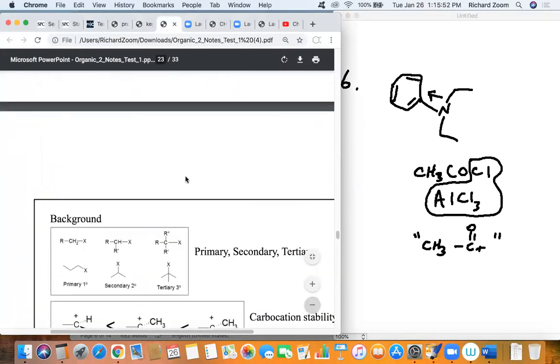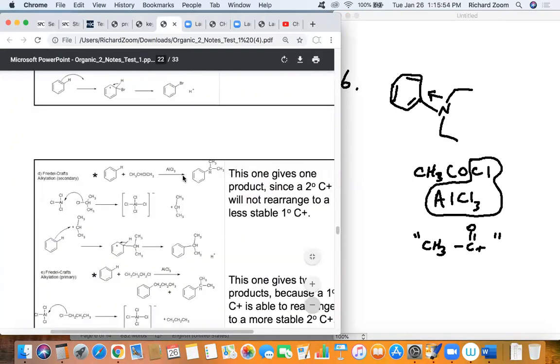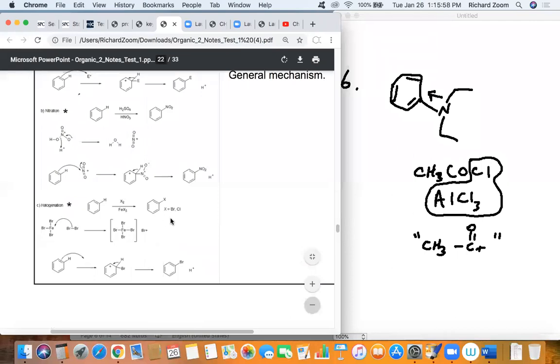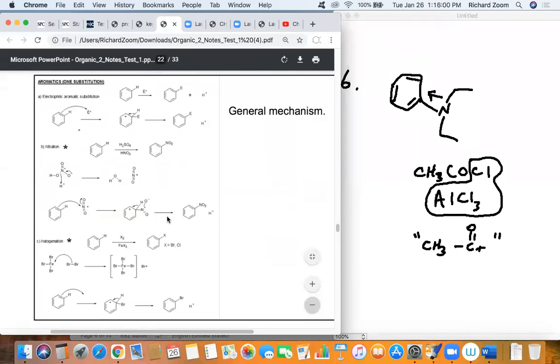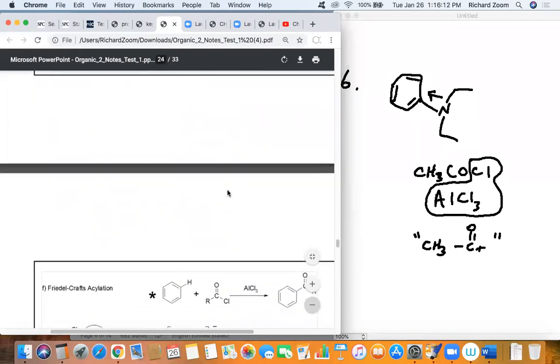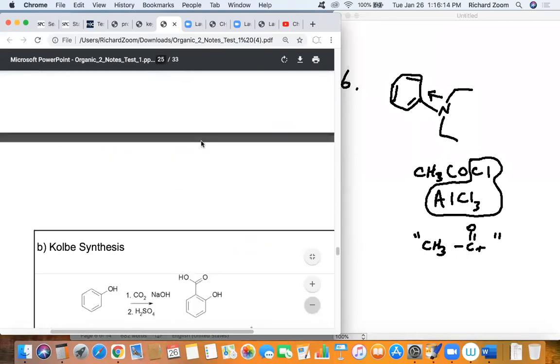If you look at all of these things that involve the AlCl3 or the FeCl3, they all have something in common. The first step always involves removal of the halogen, and whatever's remaining gets a positive charge on it. And that's what we're seeing here. So it's just application of that.